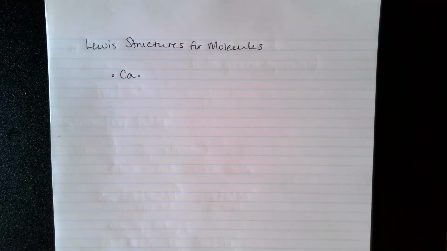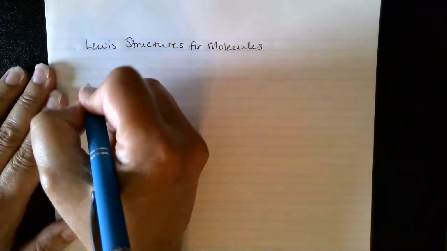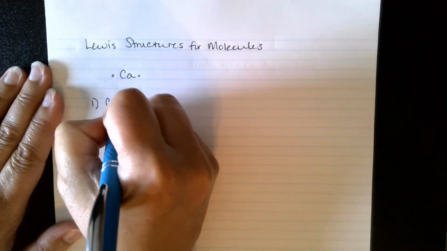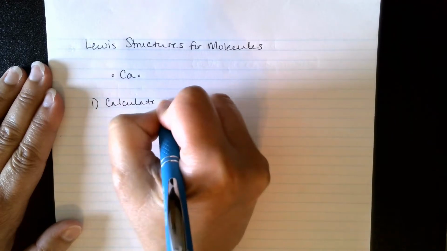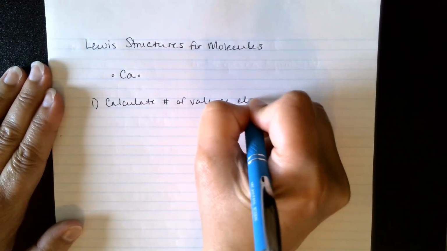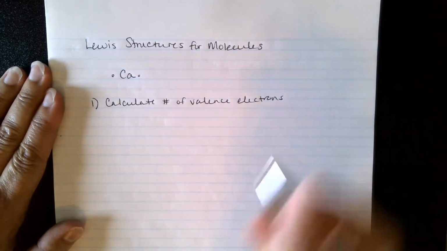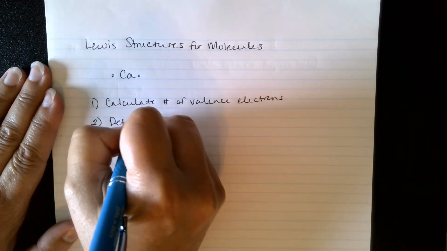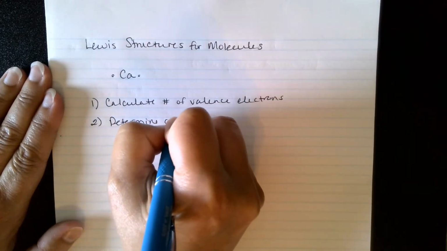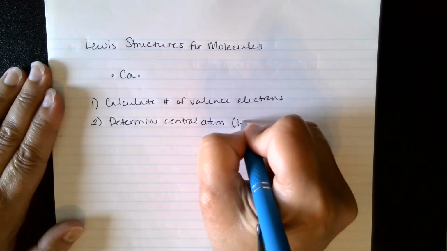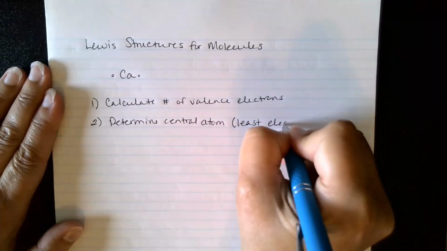So the first step that you want to do every time is to figure out the number of valence electrons. Secondly, you're going to want to determine the central atom. And this is generally the least electronegative.